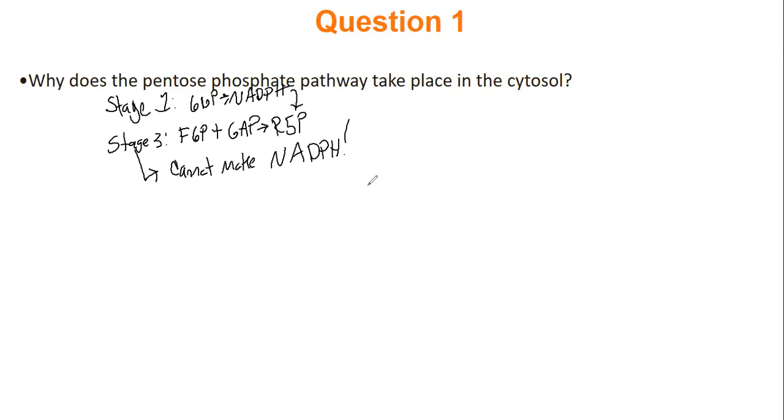Now we'll see later in this class some of these cellular locations. They are different, and we need special proteins, special enzymes to transport stuff across membrane barriers. Here we don't. It's all in the same place, so that makes it easy for us. So yes, it's because it's where glycolysis takes place.